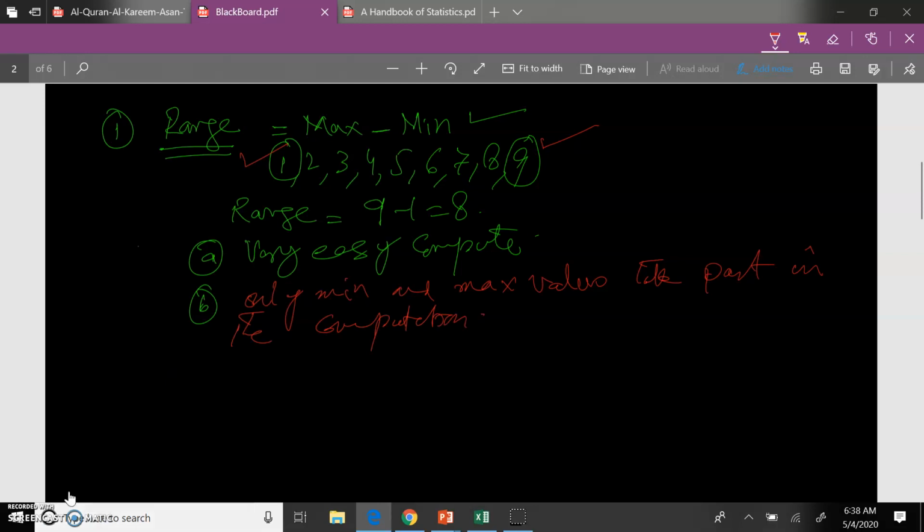Okay, so if this is not a preferred measure, what is the preferred measure? This will lead us to the standard deviation.